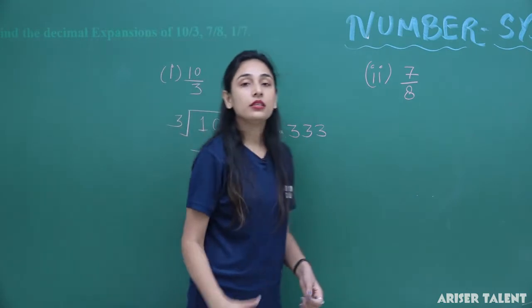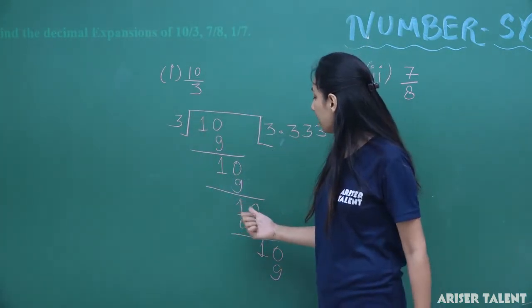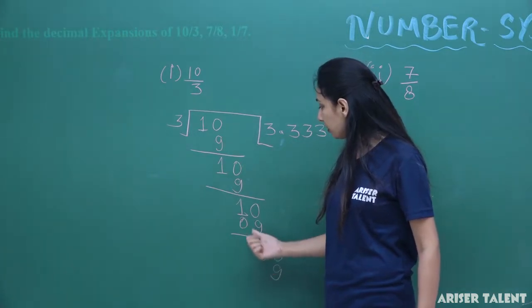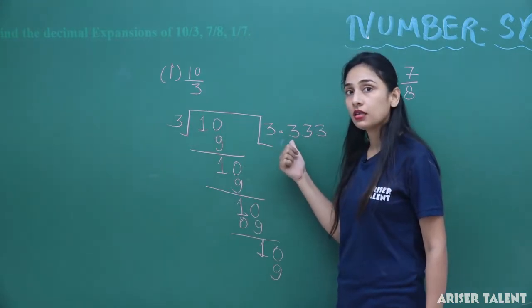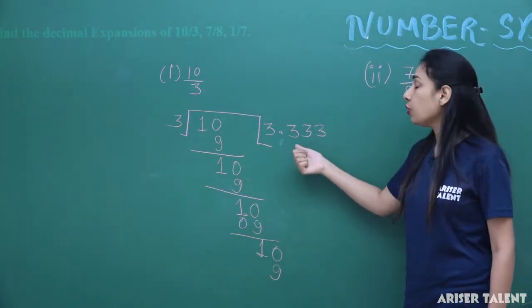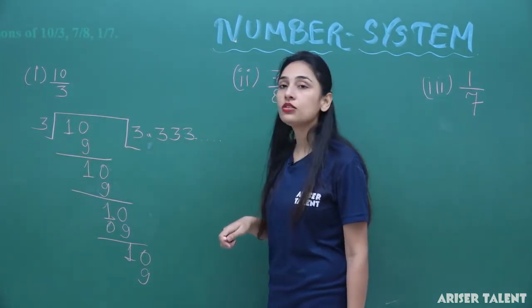Now, is it going to stop? This is a continuous loop. You will keep getting remainder 1, 1, 1, and picking 0, 0, 0, and getting 0.33333. So I can put dots.